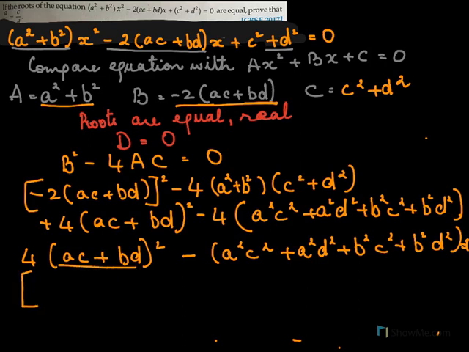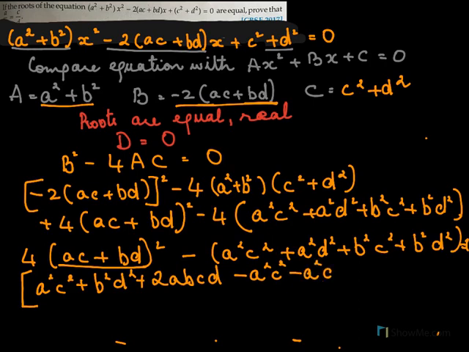So what happens now, I'll open this bracket, ac plus bd the whole square, a square c square plus b square d square plus 2abcd. Now open the bracket, minus a square c square minus a square d square minus b square c square minus b square d square equal to 0.